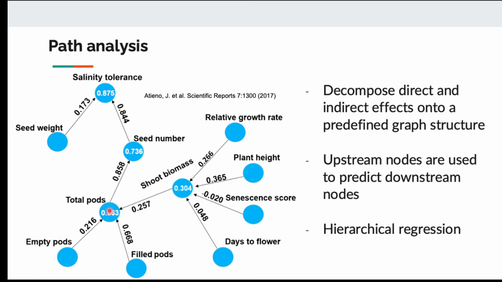And when we want to model the number of pods that the plants produce, we're going to rely on just the biomass and the other information about the plant to use it, to explain. So we are not going to use other factors that we have no idea how it affects these parameters.